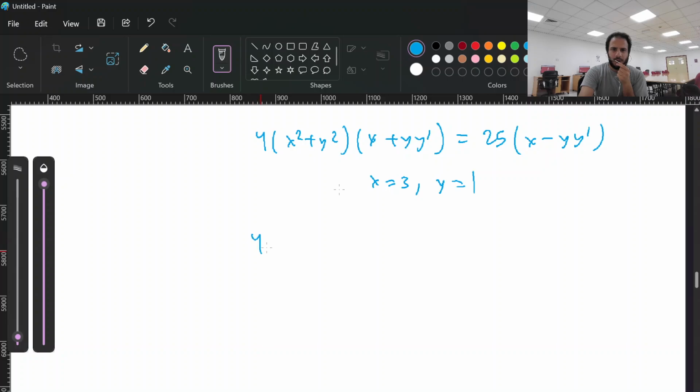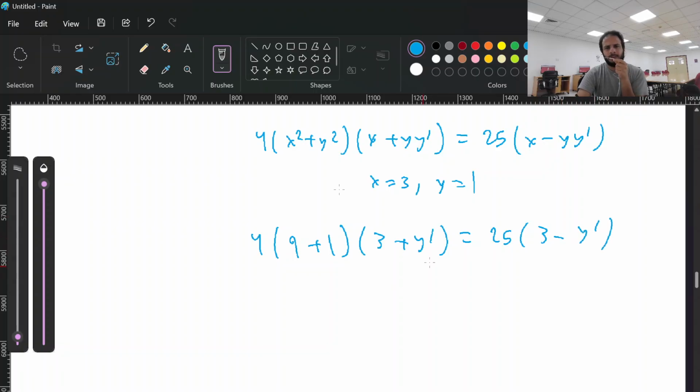So this equals 4 times (3 squared, 9, plus 1) times (3 plus y prime), and this equals 25 times (3 minus y prime). So we need y prime at x equals 3.